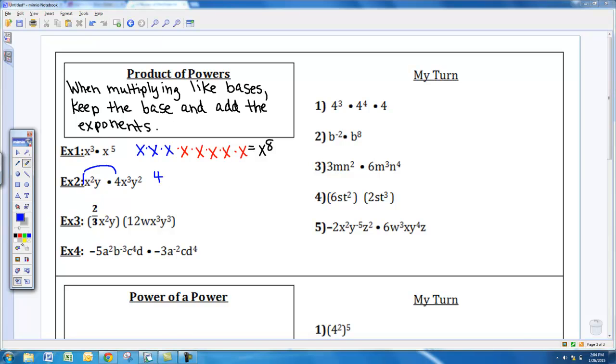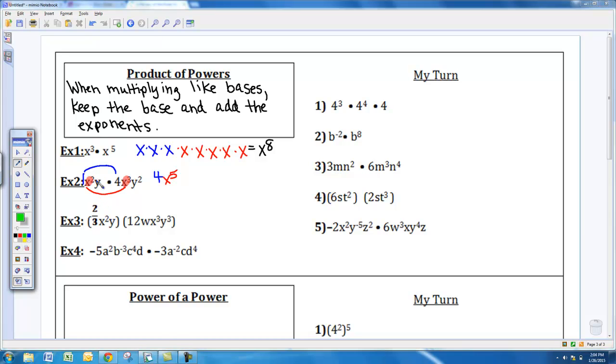Then we're going to multiply our like bases. So we have x squared and we have x cubed, and we're going to multiply those together. And our rule says when multiplying like bases, keep the base and add the exponents. 2 plus 3 is 5.